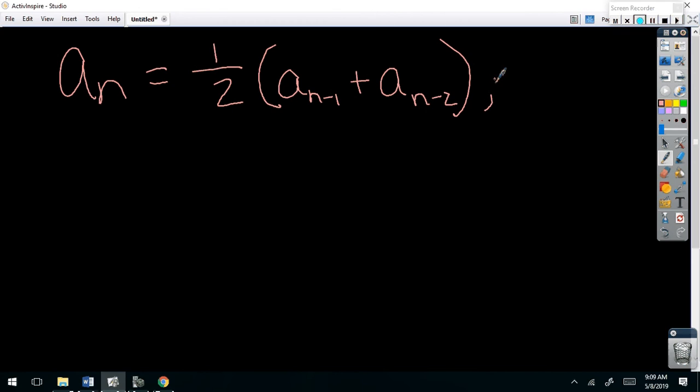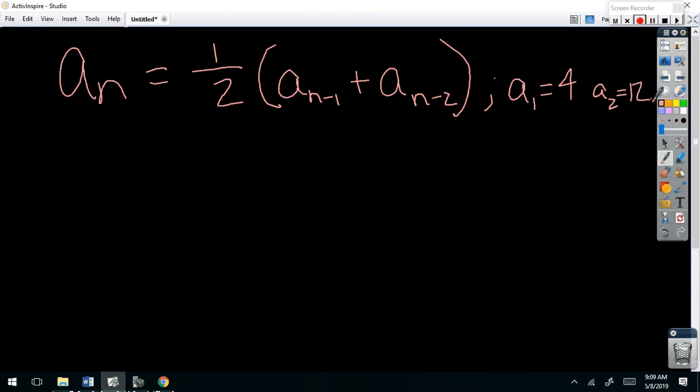Now, if I give you this, tell me what I need to define. The first and second terms, because this is using the two prior terms. So I'm going to tell you that a sub 1 is 4 and a sub 2 is 12.